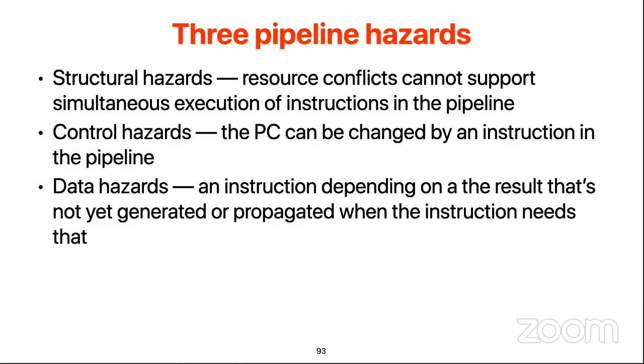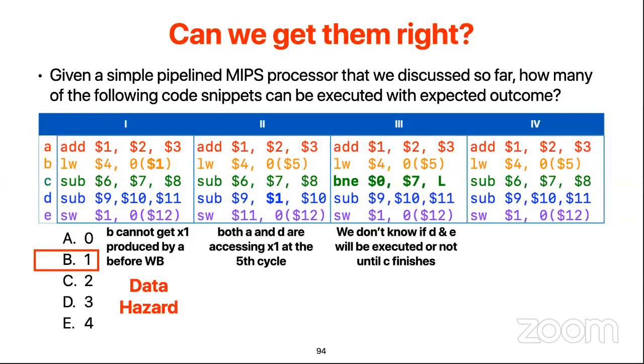We also have control hazard, meaning that the PC can be changed by an instruction in the pipeline, which means we don't know for sure what the next PC is. And sometimes you have data hazard, because the data dependency is not yet resolved or propagated through the pipeline. So these pieces of code actually represent different types of pipeline hazard.